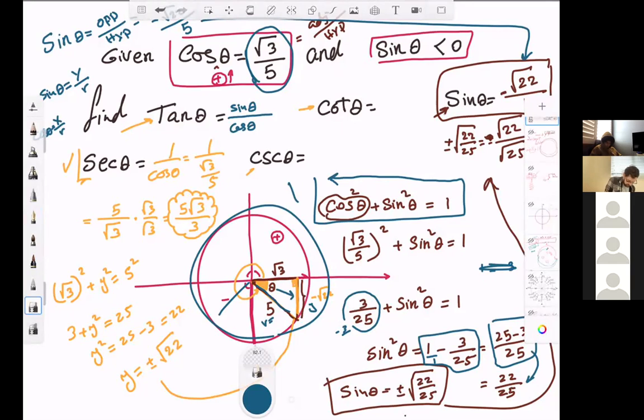I'm going to erase some part. So sine of theta is negative radical 22 over 5 divided by radical 3 over 5. The 5 will cancel. We get negative radical 22 over radical 3.